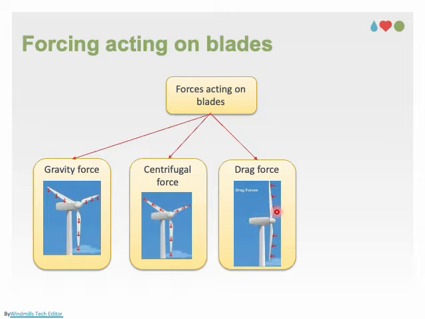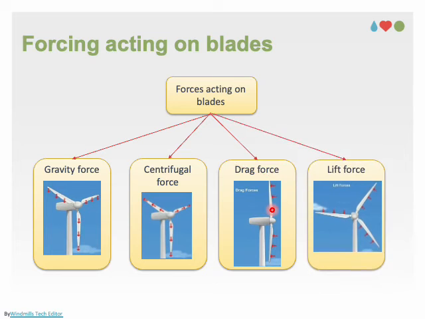This is shaft and this is parallel. Wind passing over the blade creates pressure differences that leads to creation of lift force. This force causes the blade to rotate.